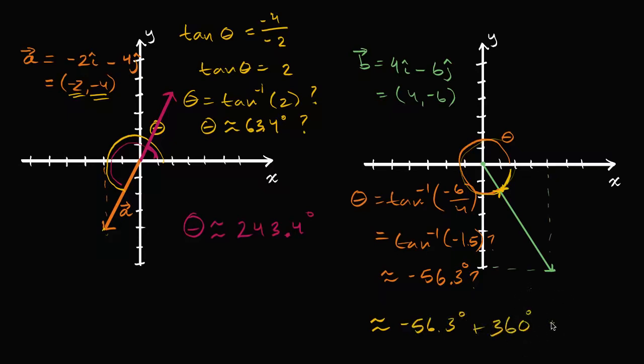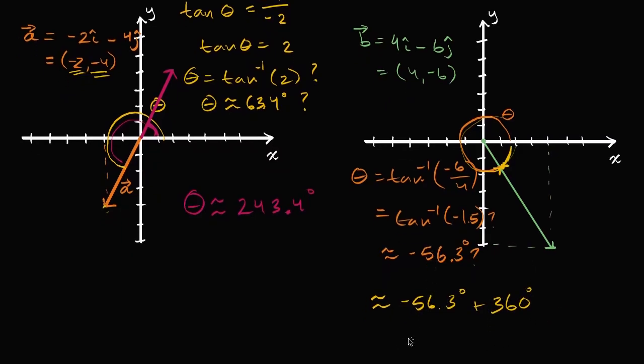If I subtracted 50 degrees, I would get to 310 degrees. I subtract another 6 degrees, so it's 304 degrees, and then 0.3, so 303.7 degrees. Let's see, if I add this 0.3 to the 7, that's going to get to 304, then to 310, to 360. So there you go. That is our positive angle that we form.